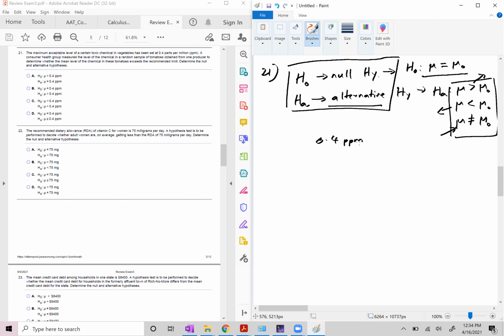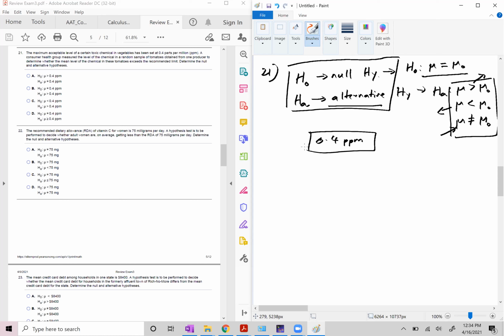They are trying to measure whether these certain farms' tomatoes have more than this much of toxic level, right? Now, they can come to two conclusions in the end, right? They can say that these tomatoes have more than this recommended amount of toxic level, or it's okay, that means it has 0.4 or less, right?